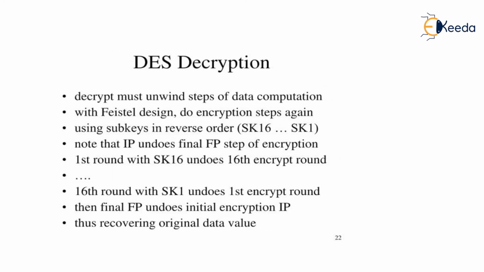Now that was all about the encryption. We have seen how the encryption takes place. The right half of the plain text block undergoes the XORing operation with the round key, and then it undergoes the substitution process and then the permutation process. Permutation takes place twice, before the substitution and after the substitution.